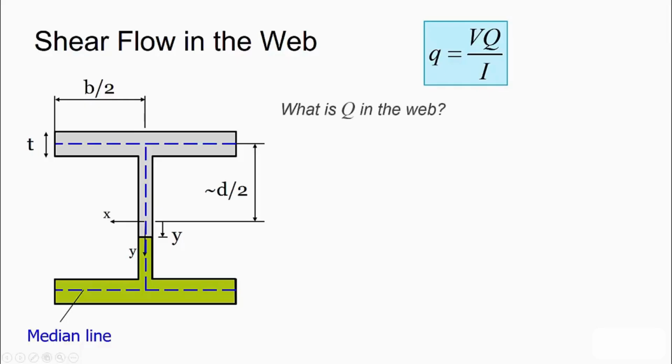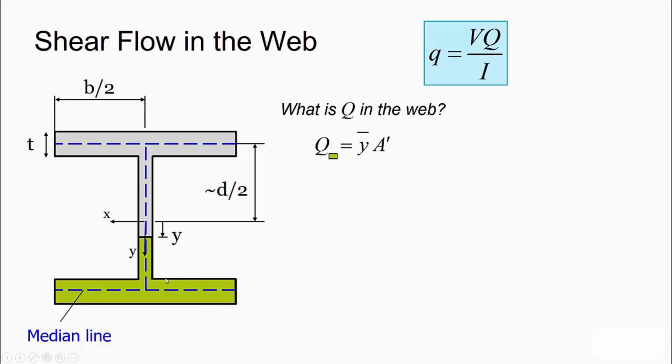So we have to go through the same procedure and determine what Q is in the web, because we know that I is a constant and V is a constant for this section. So again, Q of this green cross-sectional area is y bar times A prime.